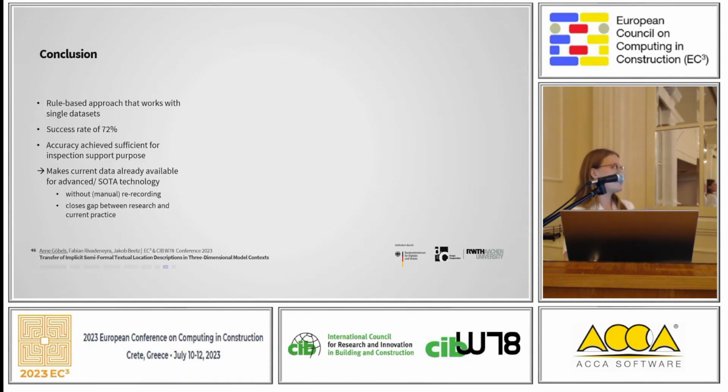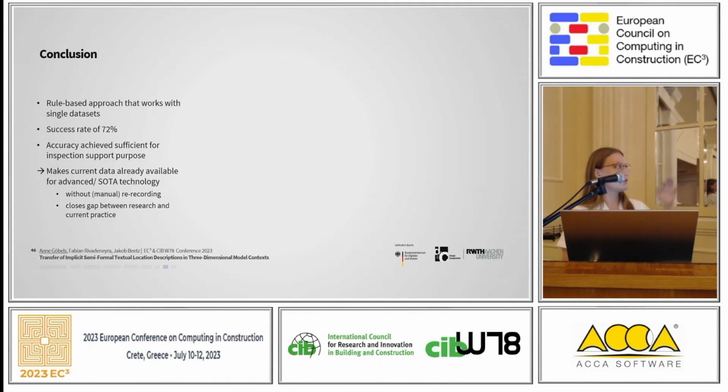And to conclude, this is a rule-based approach, so it's not machine learning. We can already work with very small data sets with a success rate of 72%. And for our approach of linking on object level to specific locations, the accuracy achieved was enough. And what is also important, it makes the current data already available.